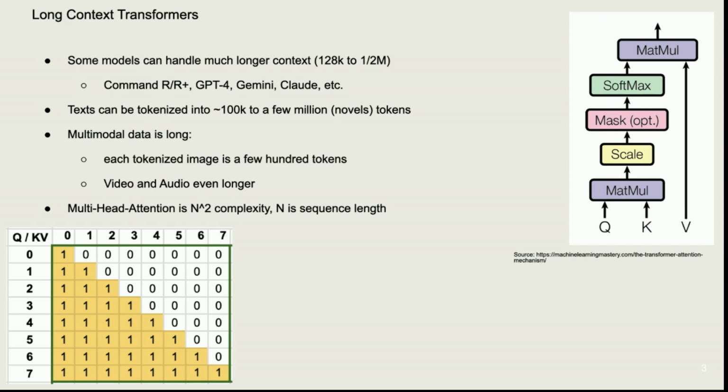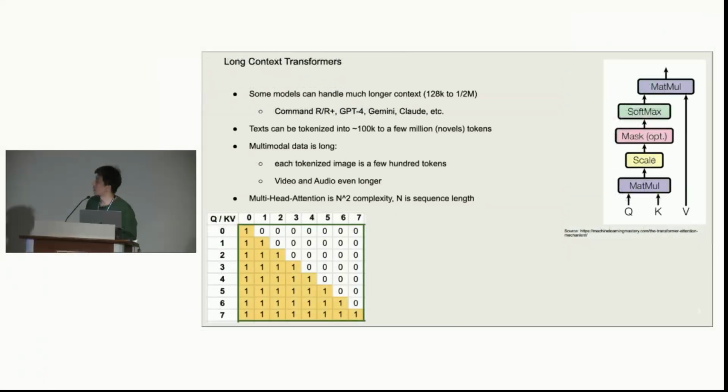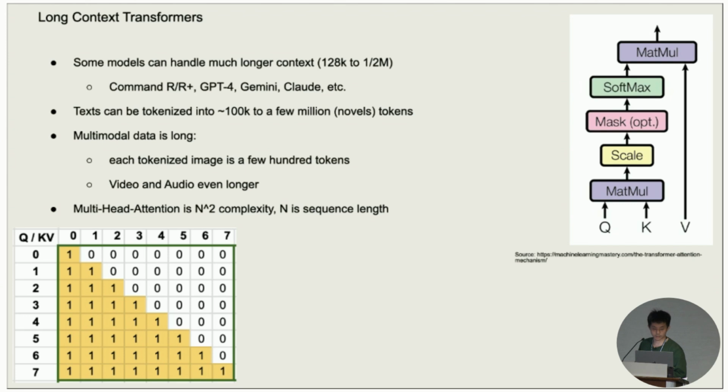Those models include Command R, R+, GPT-4, Gemini, Claude, and so on. Text can be tokenized into about 100K to a few million tokens, depending on the input source you choose. They can be books, novels, or papers, which all fall into this long context domain.